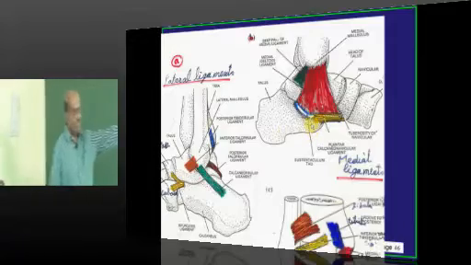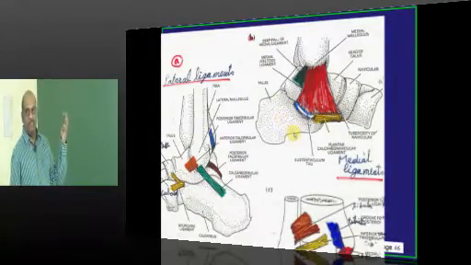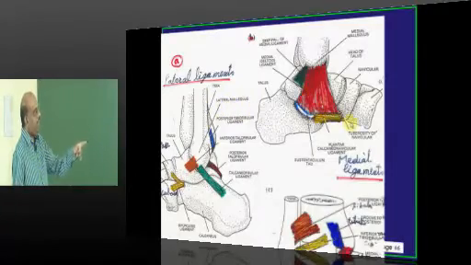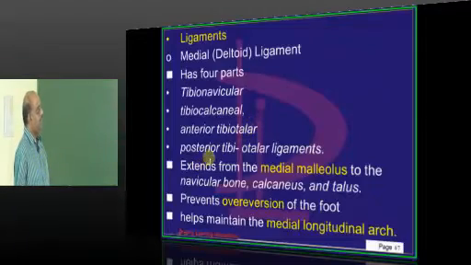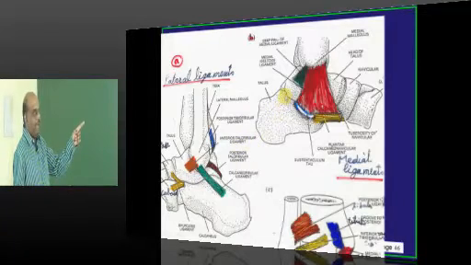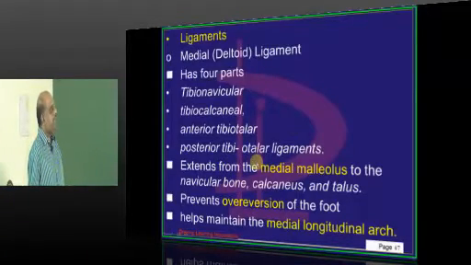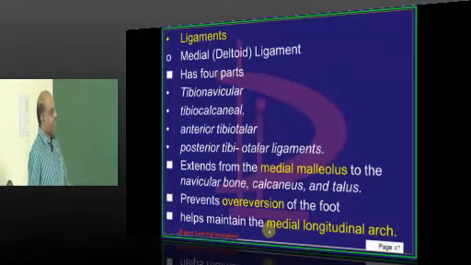The medial ligament, the deltoid, in turn has four parts. What are they? Tibionavicular, tibiocalcaneal, anterior tibiotalar, and posterior tibiotalar. These four constitute the deltoid ligament.